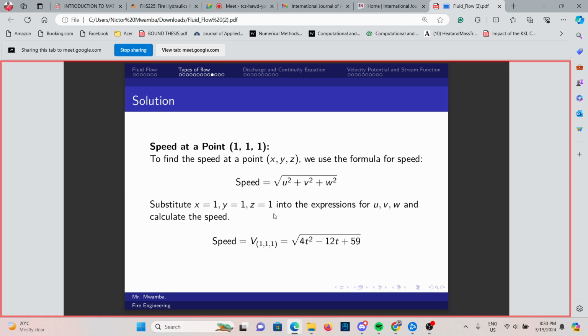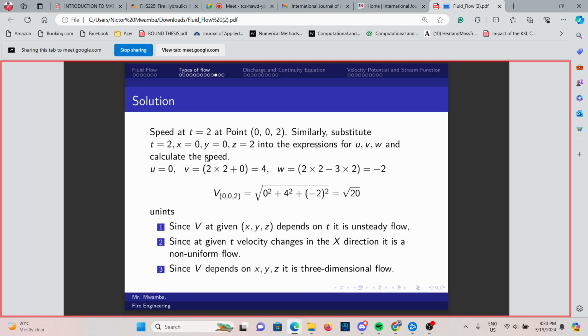So first, you're substituting. You substitute 0 for x, 0 for y, and 2 for z. When you do those substitutions, you find that u is 0, v is 4, and w is negative 2. Then you square each one of them to find the velocity.